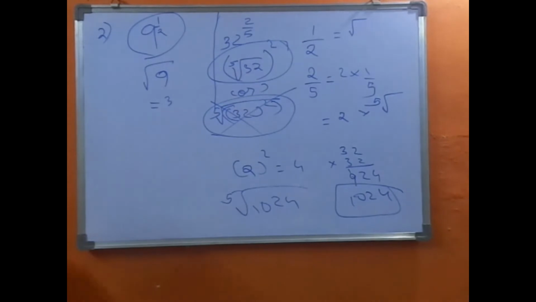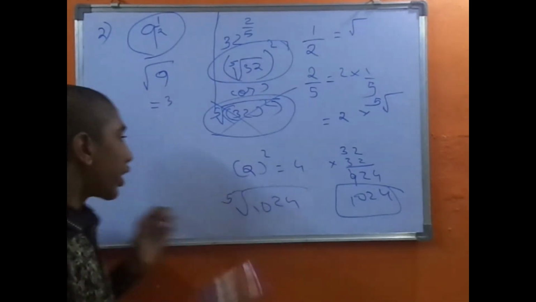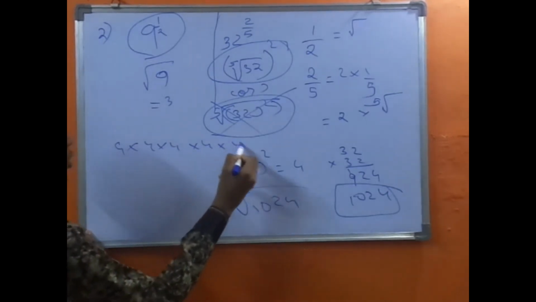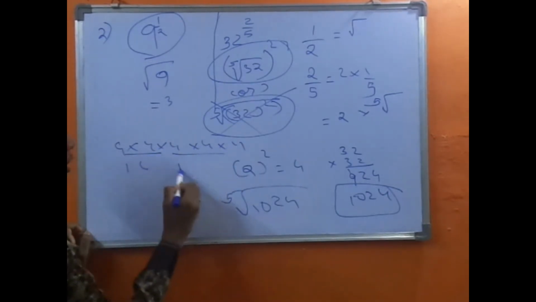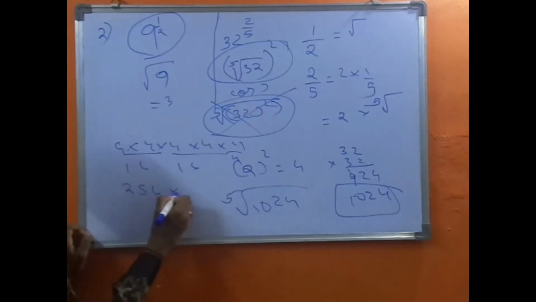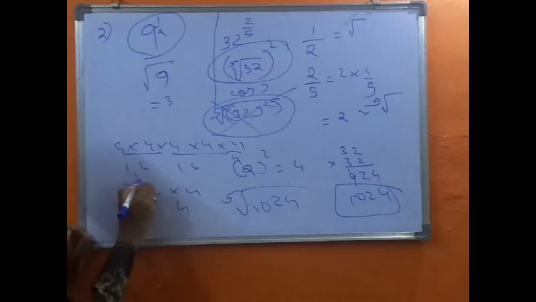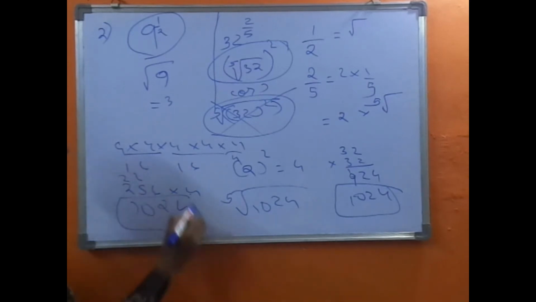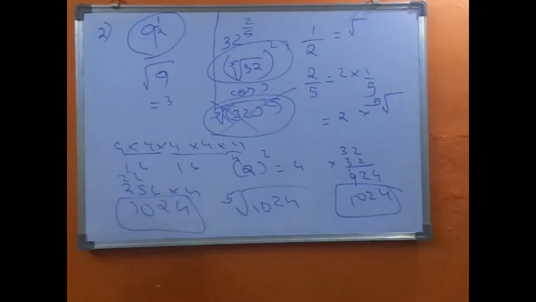So 4 4s are 16. 4 into 4 into 4 into 4. This is 16 and this is 16 and this is 4. So 16, 16, 256 into 4. Both ways the sum is correct. But for our easy calculations, we use this.